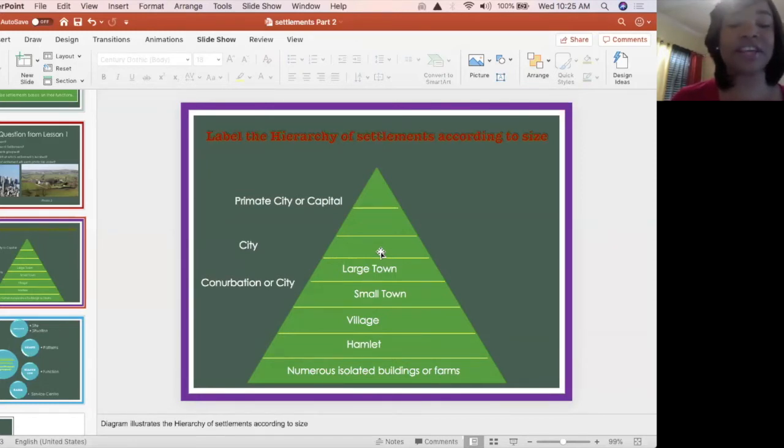What type of settlement will they be considered? Okay, Franklin says city. Someone anonymous says capital. Let's see what the chat says. Brittany says city. Yes, so Brittany and Franklin, you are correct. The answer is city.